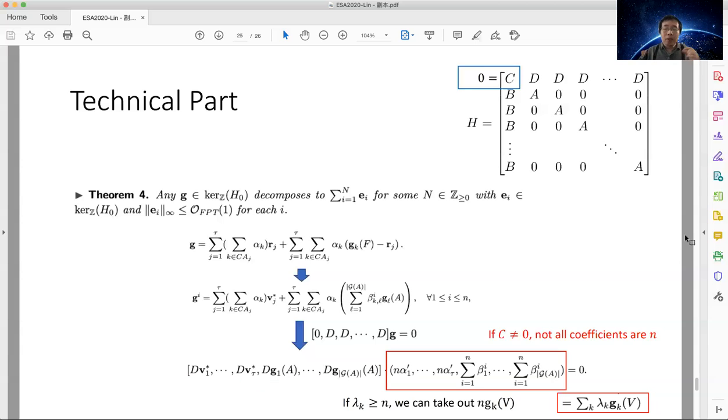Because with some mathematical calculation, you realize that if the first part are all multiples of n, then if any lambda k is larger than n in the decomposition, I would be able to take out n from the lambda k. That's the crucial idea that leads to the statement. I'm skipping a lot of details, but hopefully this gives you a little idea regarding the proof.